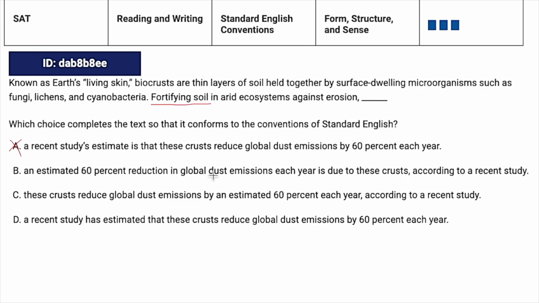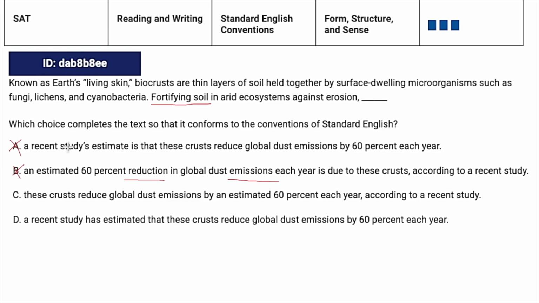Okay, so a reduction in dust emissions, that is something that happens, which again wouldn't be able to fortify soil. So B is also out.